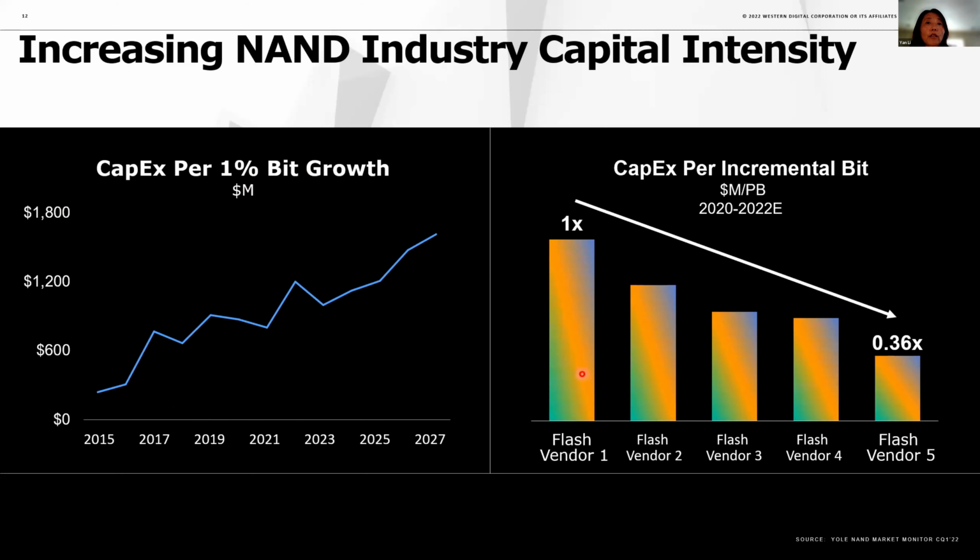We have 5 flash vendors in the world, but each flash vendor maybe has different strategies for dealing with this expense. Some are thinking of much more cost-effective production of NAND. Certainly, all this capex, we pay the money to Lam Research and Applied Materials. They really have the most gain out of this NAND flash growth and manufacture.